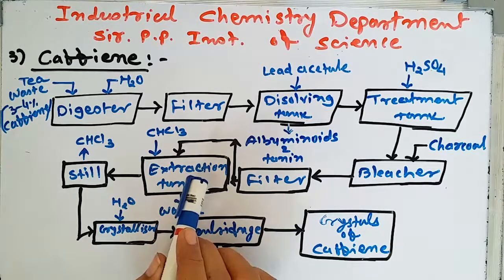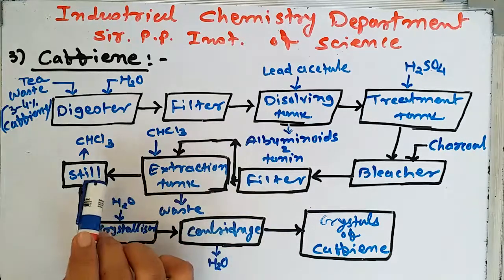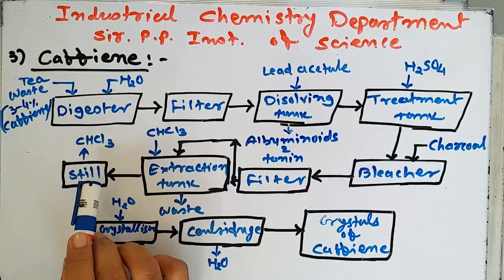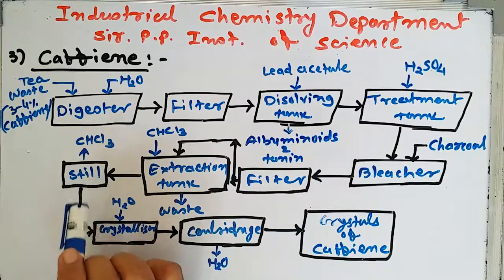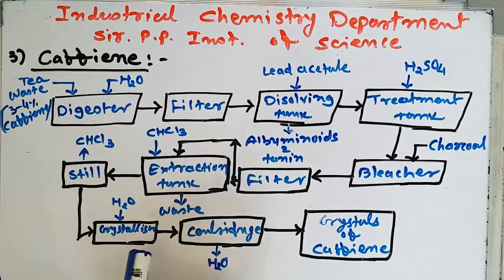Now chloroform is distilled off in the distillation tank and the caffeine obtained is further purified by recrystallization from water, and we get crystals of caffeine.